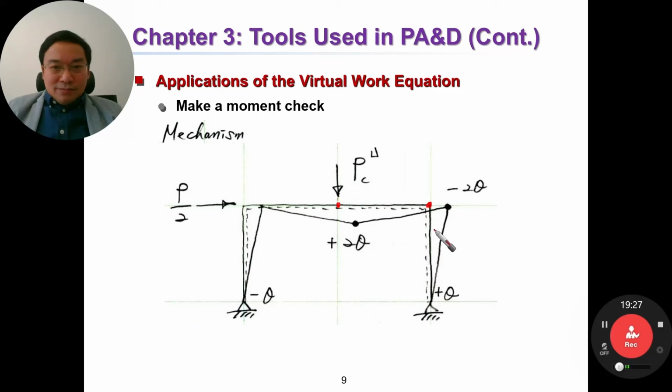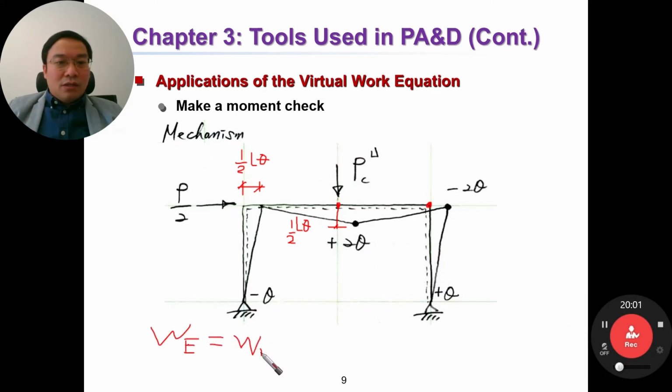Using this mechanism, we have a displacement set. Let's say here, this is 1 over 2 of L times theta, and this displacement is also half of L multiplied by theta. Then we have external work equal to internal work.